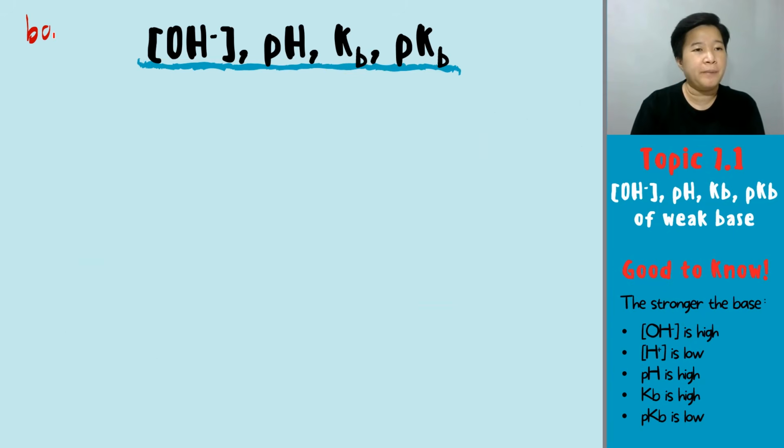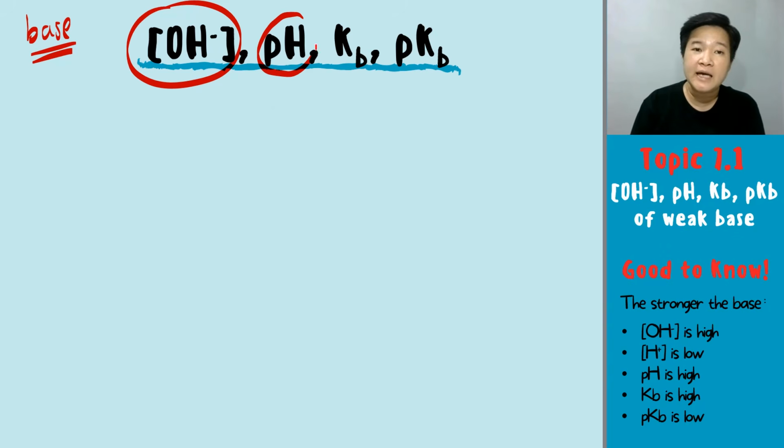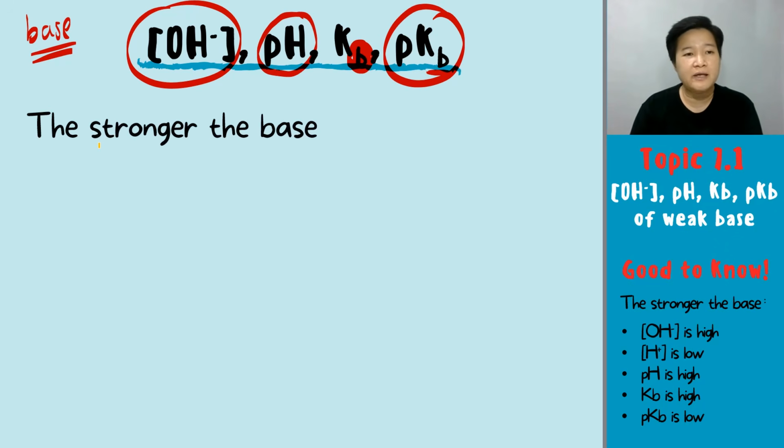How about for the base? So for the base, we will talk about the concentration of OH minus. We will talk about pH value. Your Kb value as a base, and also your pKb value over here. So how should all the values look when the base that you have is slightly stronger than the others?